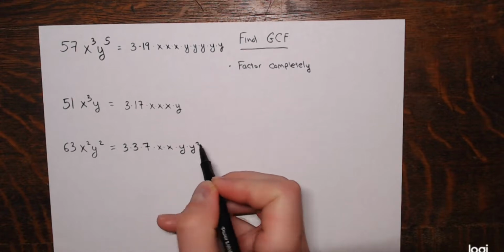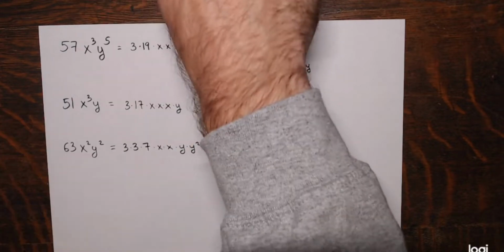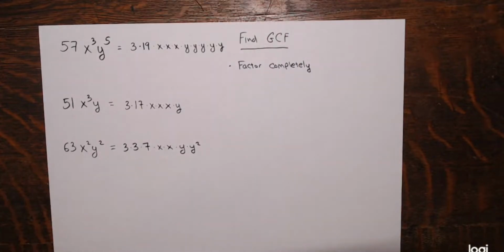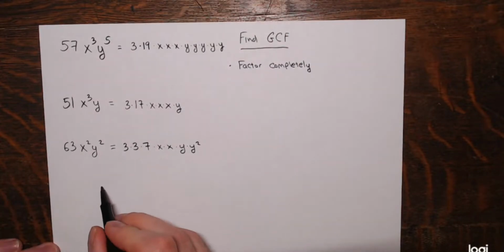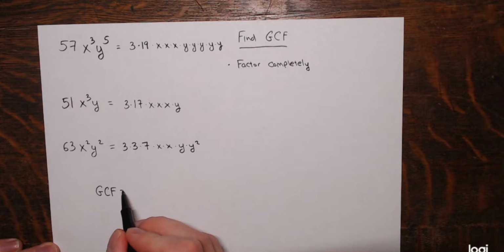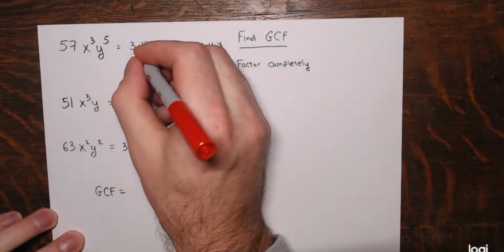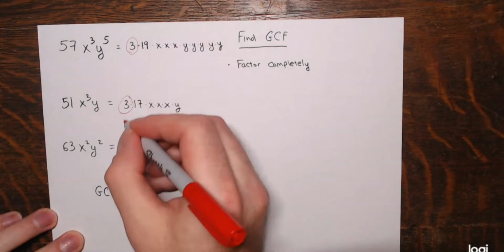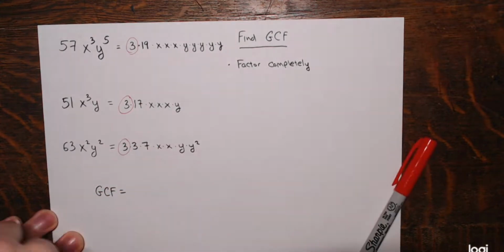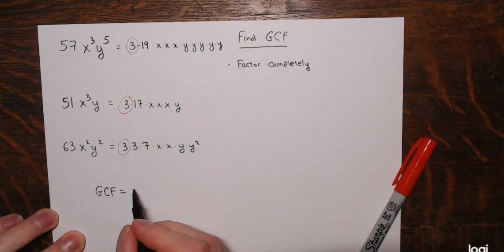And then you're just looking for what's a common factor in all three of these terms, and the product of those common factors is going to make up the greatest common factor of all of them. So I notice there's a factor of 3 in all of these. So there's going to be a factor of 3 in the greatest common factor.